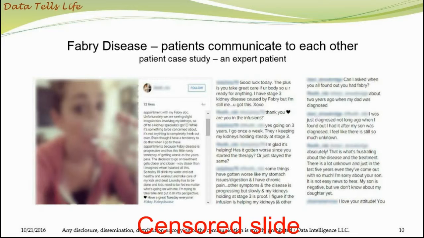From this message, we can see there are at least 3 Fabry patients following her, and one of the patients was just recently diagnosed. She expressed that, I feel like there is still so much unknown. From here, we hear the patients' voice. They are calling for disease knowledge. They are calling for qualified disease education on social media.